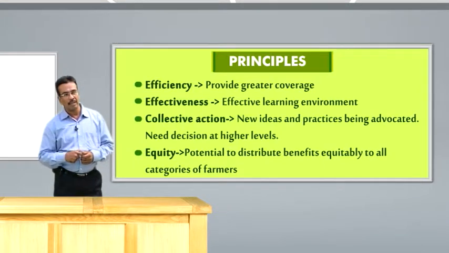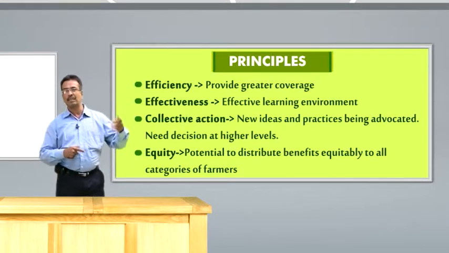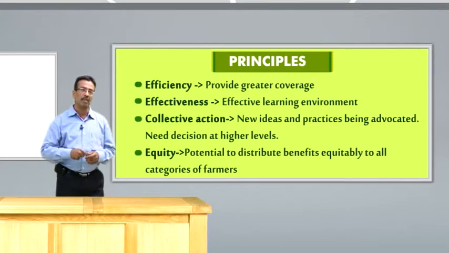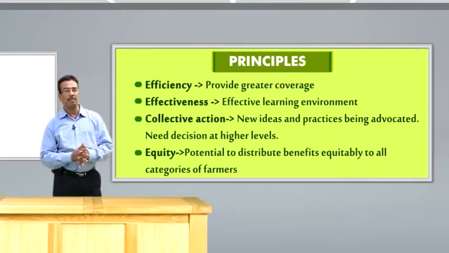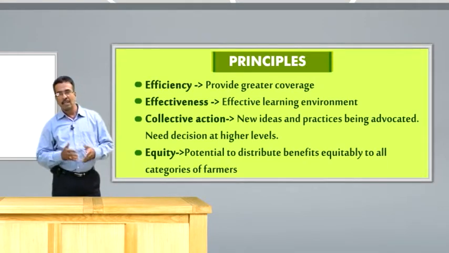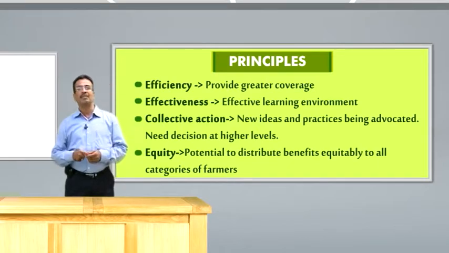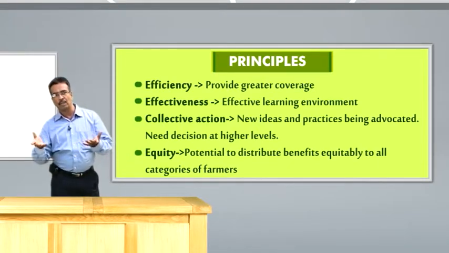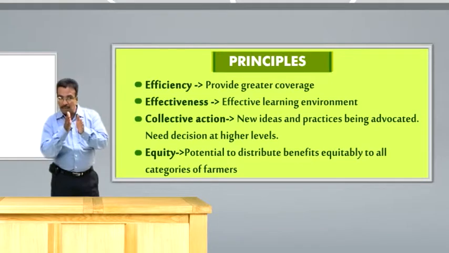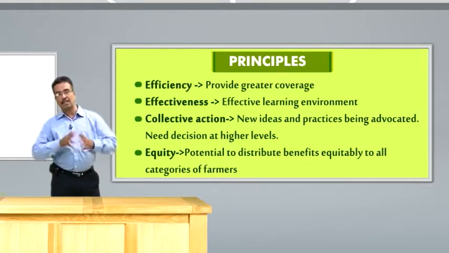How much time will it take, and what is the efficiency of an extension worker meeting all the farmers individually? It will take a lot of time. But if you call all the people who are cultivating the rice, they assemble, form a group, and we disseminate information to this group. Naturally the efficiency will be more. The message reaches 100 people simultaneously.